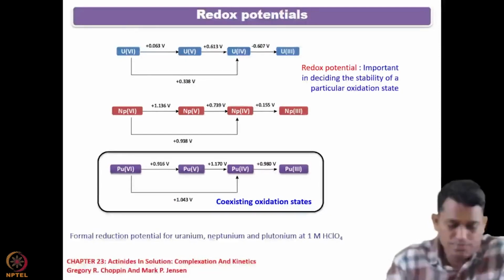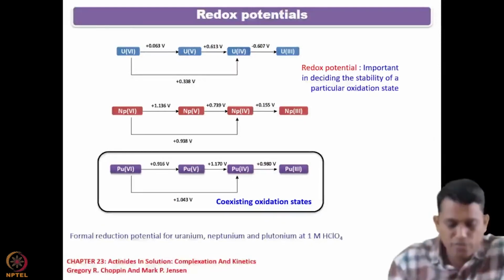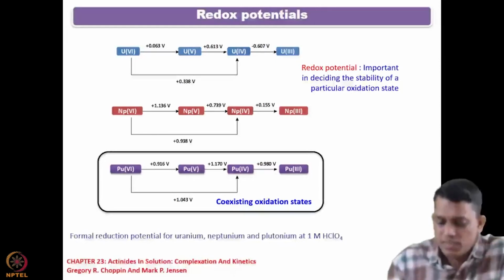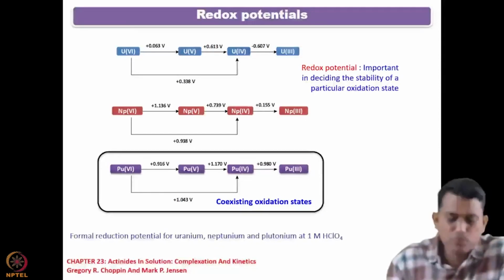What about plutonium? The first one, plutonium-6 to plutonium-5, is 0.916. The second one is hardly 0.25 units ahead, that is 1.17. The third one is very close, again 0.98. Even if we go directly from plutonium-6 to plutonium-4, it is in the range of 1.043.